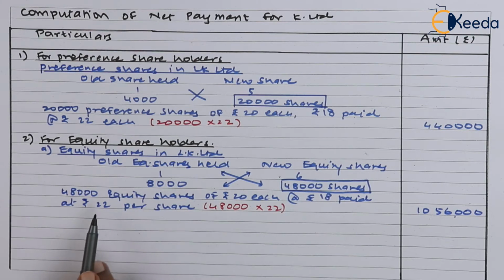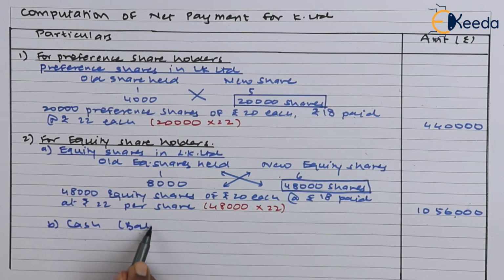You can notice we need to get 48,000 equity shares of 20 each at rupees 18 paid at rupees 22 per share. For us, it is worth rupees 22. They are saying for the remaining portion of your PC you get cash. That is for the remaining intrinsic value. So firstly, I need to write what our consideration here is. After A, B will come. We get cash, which is a balancing figure.